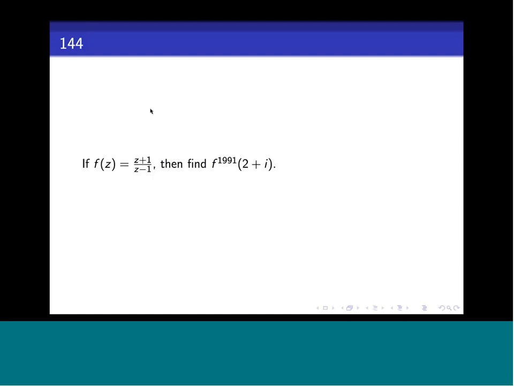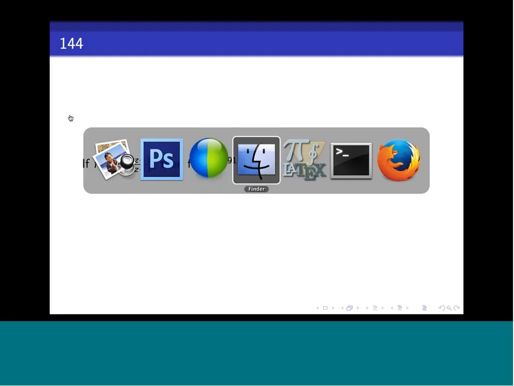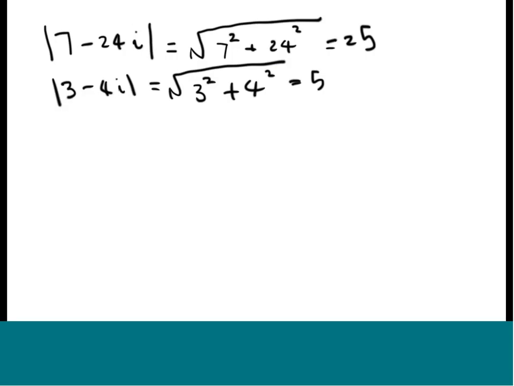You doing 1999 one time? No. After a few, there was a pattern. By the pattern, I see. Oh, okay. So actually the key thing is we're talking about this kind of thing many times. So f of z equals (z plus 1) over (z minus 1).